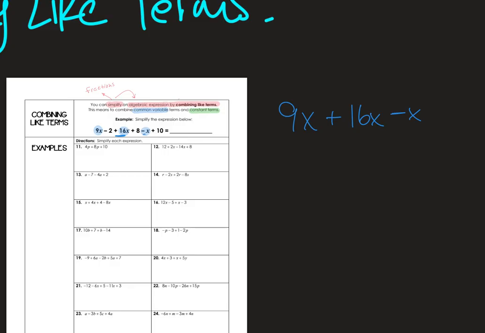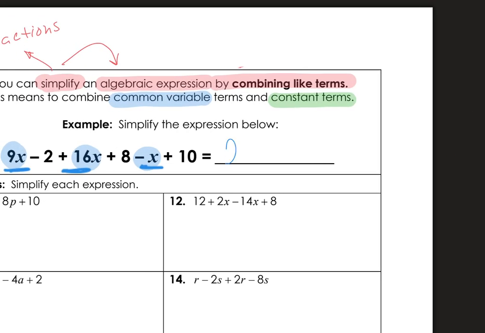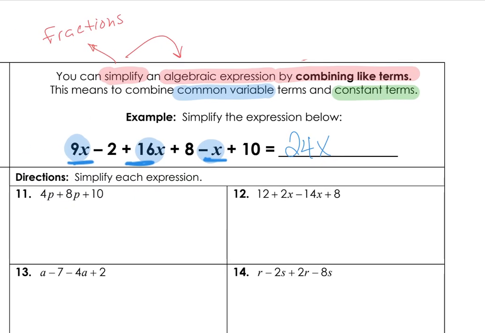Negative x right there. If you have trouble doing this in your head, write it out, okay? 9x plus 16x is 25x. We're going to end up with, we simplify to 24x, right?